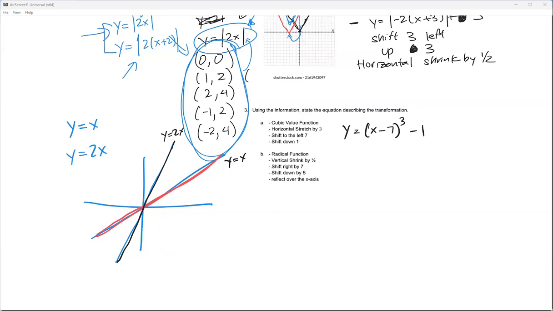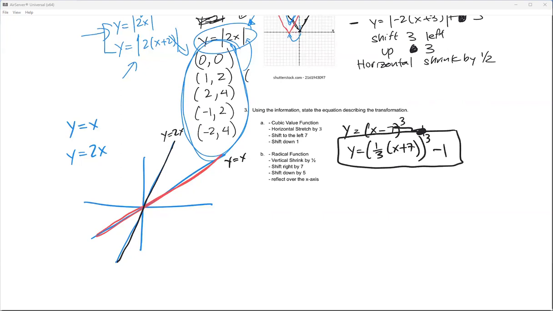So it'll be y equals 1/3 x minus 7 cubed minus 1. This is the cubic function, horizontal stretch by 3, shift left by 7. Left would be plus, and then down 1. Okay, yeah. So that should be it. This is the cubic function right here.